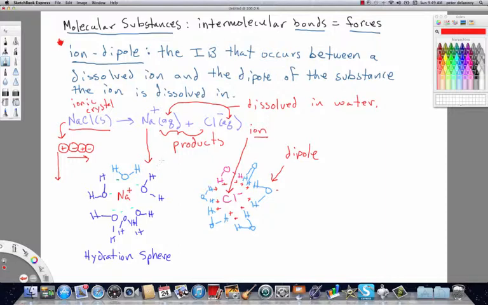And just to finish, the strength of this interaction between the cation or the anion and the water molecule is the strongest of all the intermolecular bonds that we've talked about. So this is the strongest of all IBs.